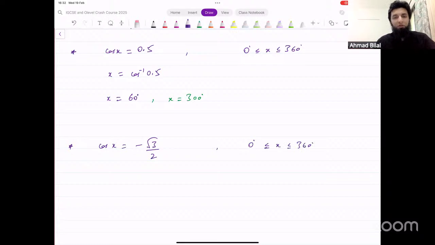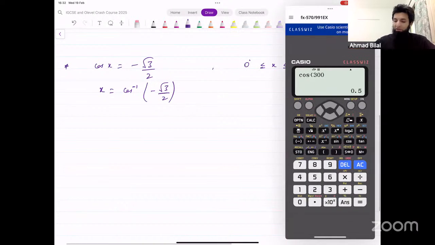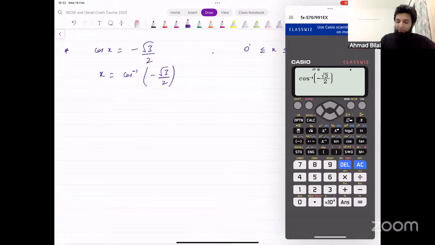Now, how do we solve this equation? Again, put this on a calculator. Cos inverse of negative square root of 3 over 2. See what you get from that. Cos inverse of negative square root of 3 divided by 2. So I just put that on my calculator. Let's see what I get from that.